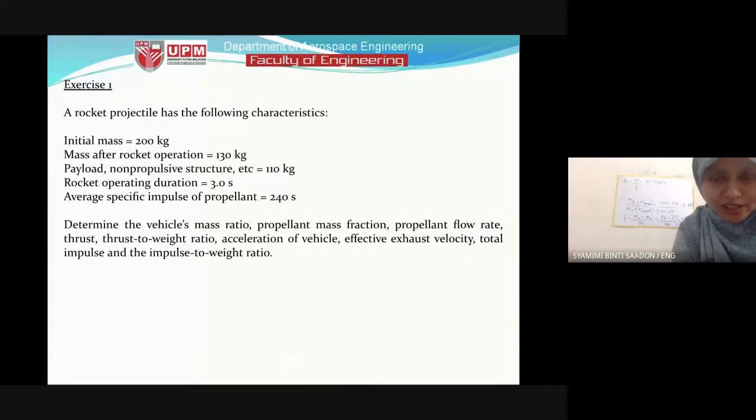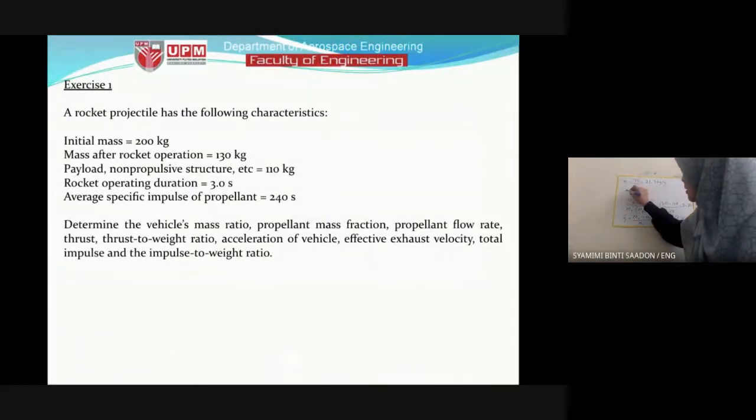In the lecture slide, the equation that I gave you is m dot ve, but we don't have the exhaust velocity here, the effective exhaust velocity. So we can use another equation to calculate the thrust.